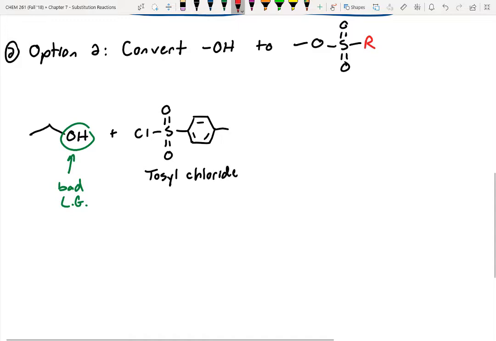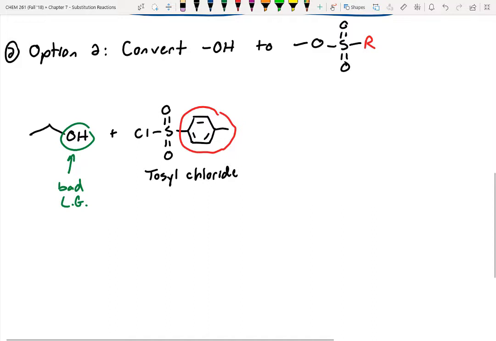And in this case, the R group for Tosyl Chloride is going to be this aromatic ring coming off. Why do you think that might be beneficial? Provides a lot of resonance stabilization, right? Conversely, if we didn't want resonance stabilization, maybe we stabilize it through dipole induction. Like we saw, a trifluoromethyl group is also a good option there.